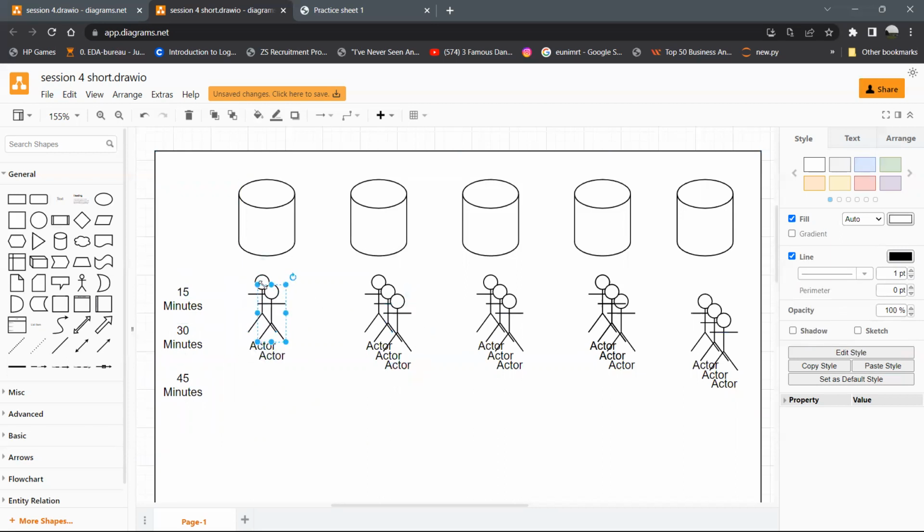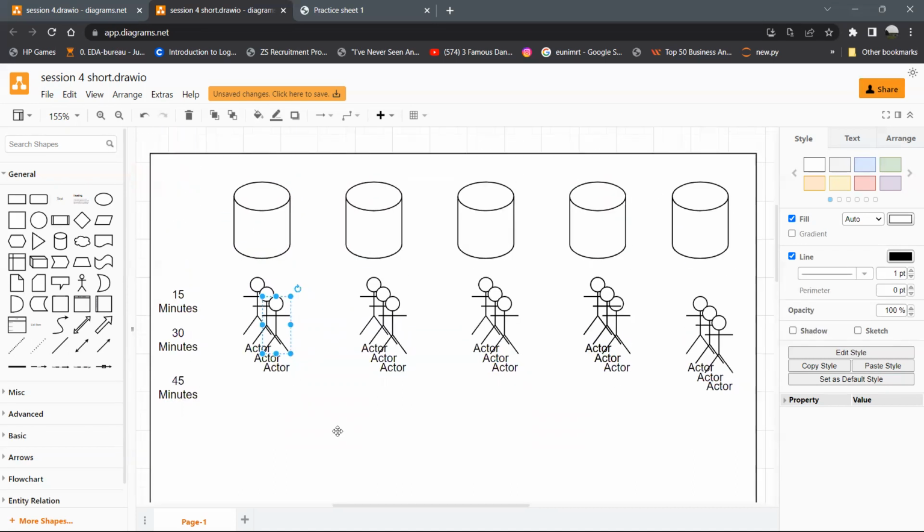Now here, even though we have 5, the last customer will be waiting for 45 minutes, because this customer will take 15 minutes, this customer will take 15 minutes, and the last customer will also have to take 15 minutes. Now we can see that having 5 of them is not an optimal solution.